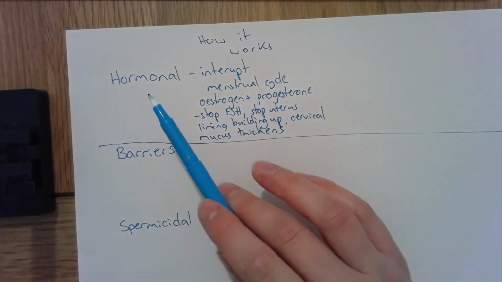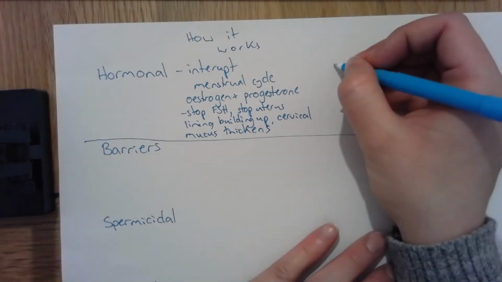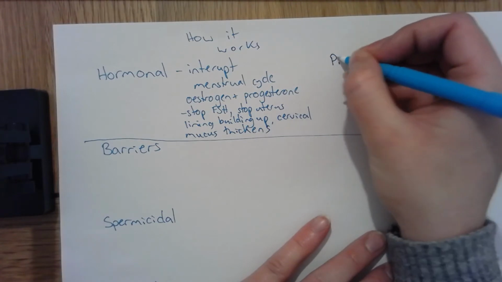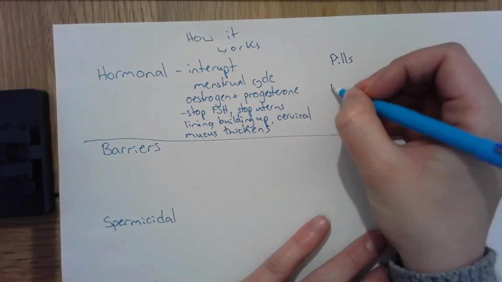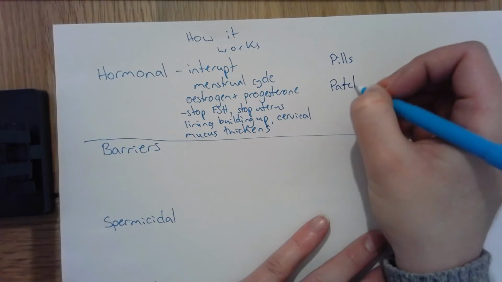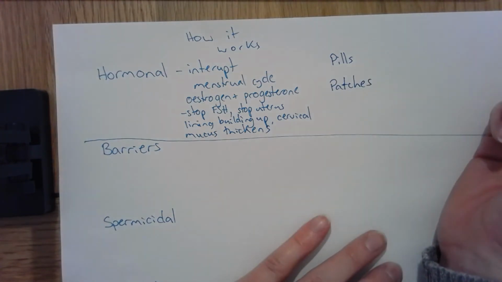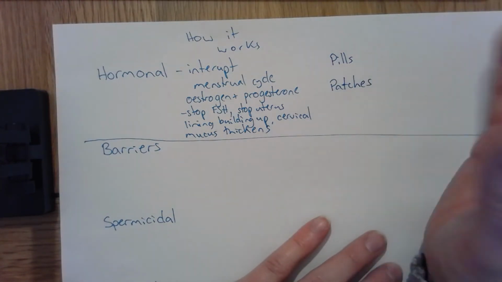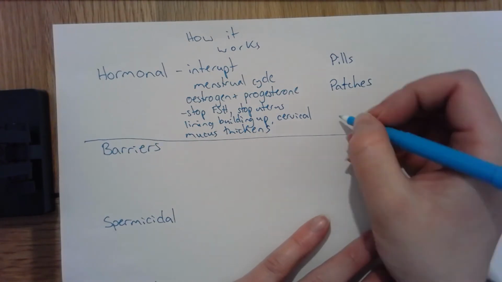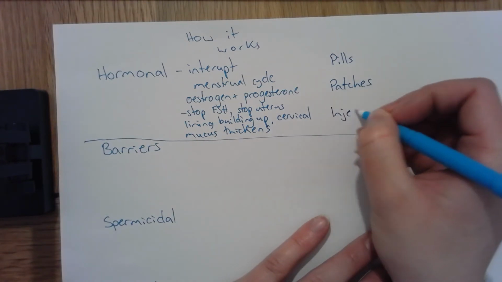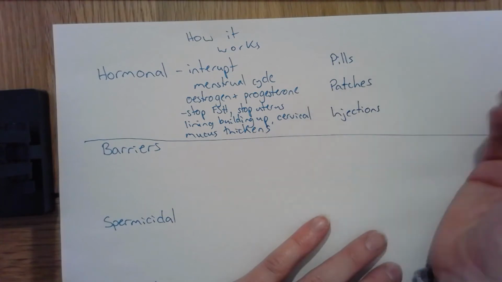And with hormonal methods, there are a few different ones. There are pills that need to be taken every day. There are patches that need to be replaced every couple of weeks, and there are injections which are done about every 3 months.